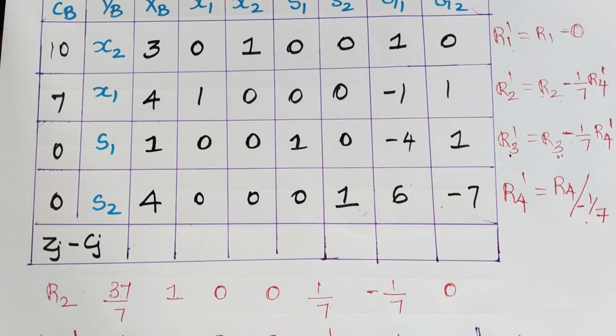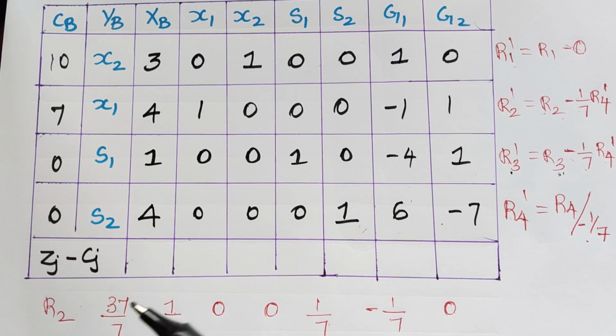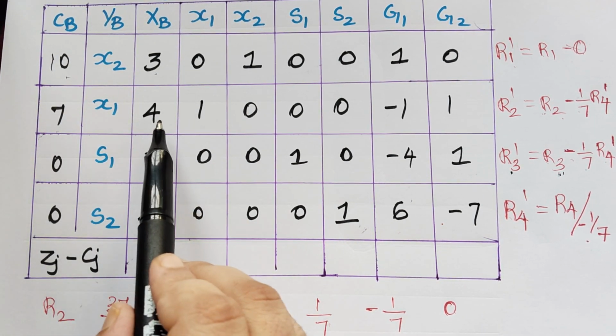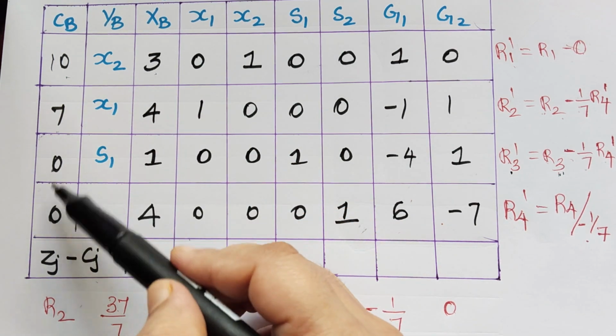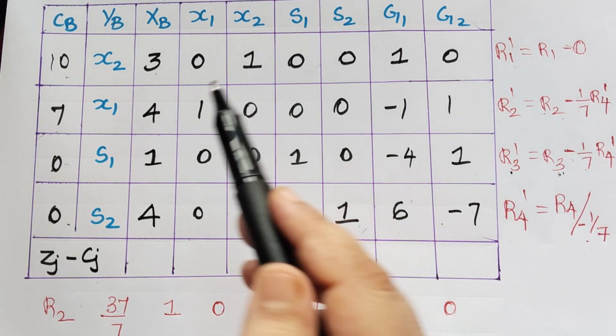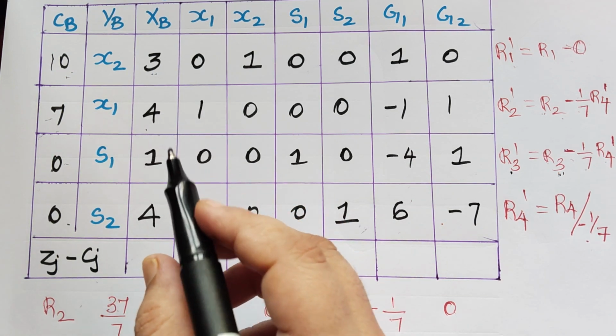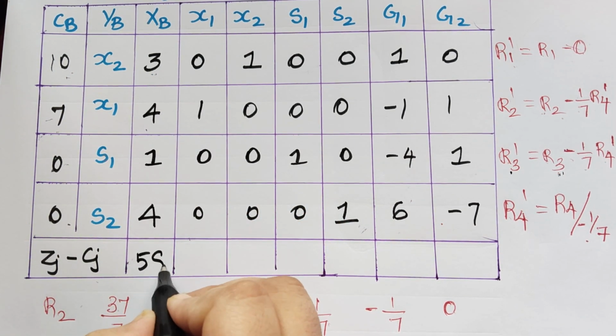Now we have to find Zj minus Cj. So that will be what? 10 into 3 is 30, plus 4 times 7 is 28. And these two are 0, so we can neglect these two. So 10 into 3 plus 7 into 4, 28. So 30 plus 28, which will be 58. And 10 into 0.